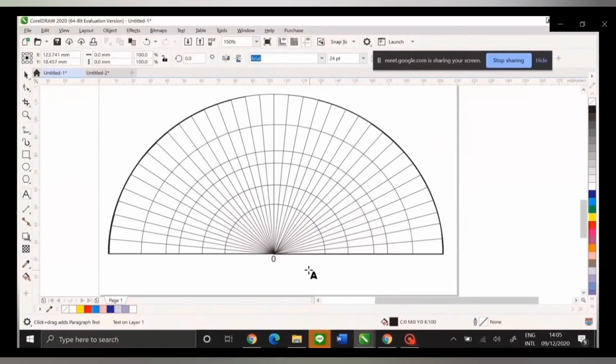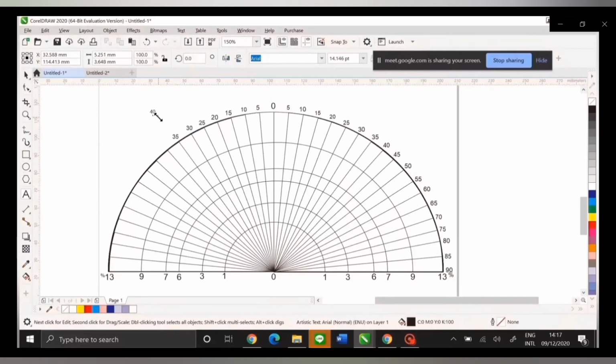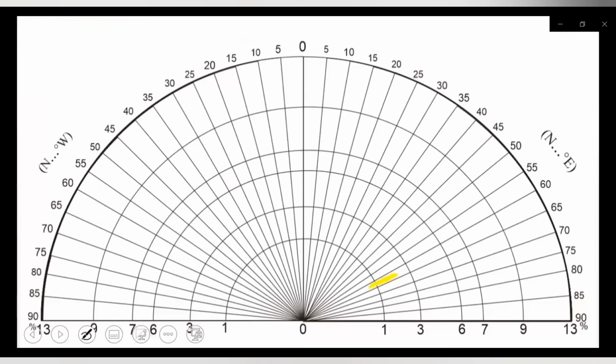On the flat axis, the percentage is plotted from 0% at the center. The outer radius is equal to the greatest percentage, which is 13%. Next, the arc of the circle is divided according to the interval. If the interval is 5 degrees, it is divided into 18 segments.